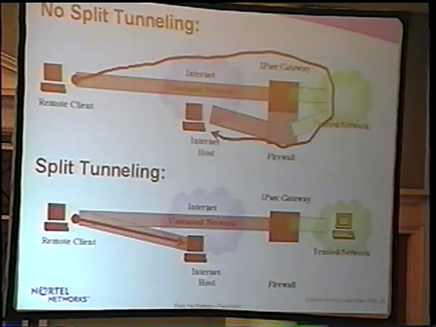If you don't have split tunneling, then at the time that the client connects to the IPsec gateway, the IPsec gateway forces essentially a default route into the client, so that every packet that the client sends out is going to be tunneled, encapsulated, and sent only to the IPsec gateway.